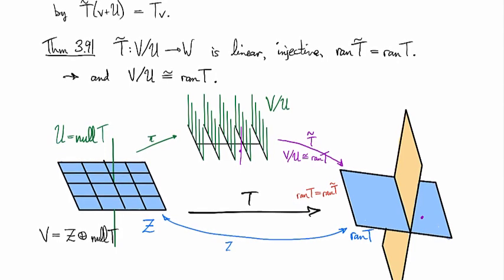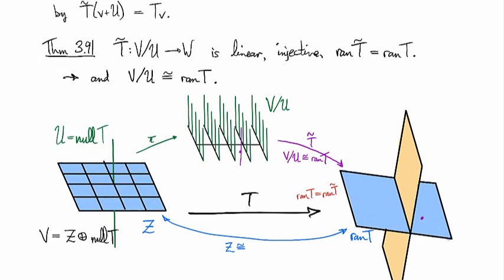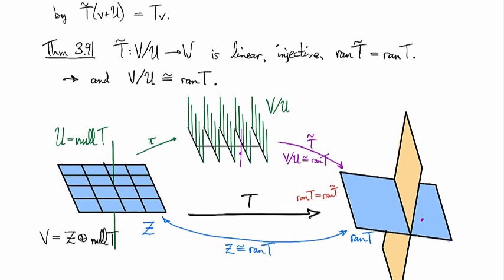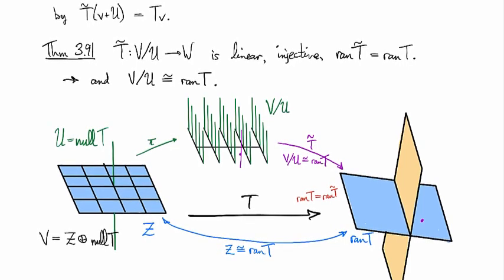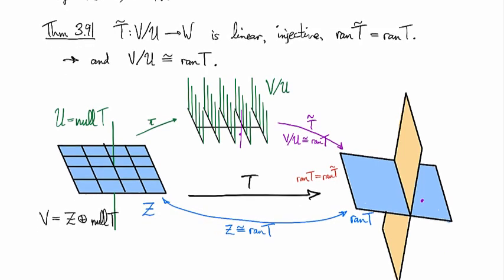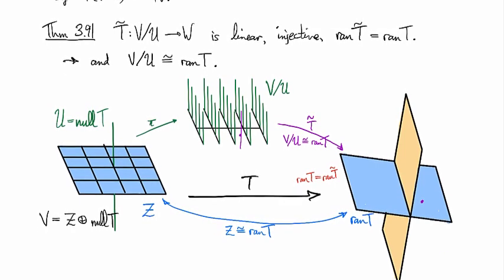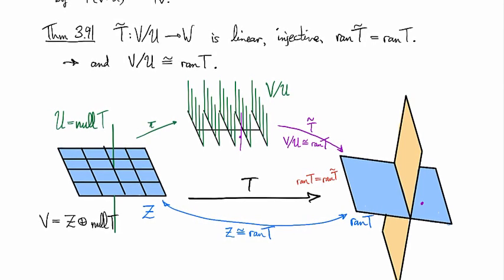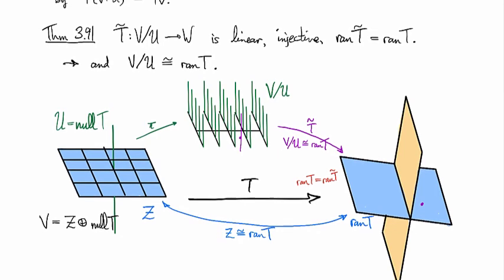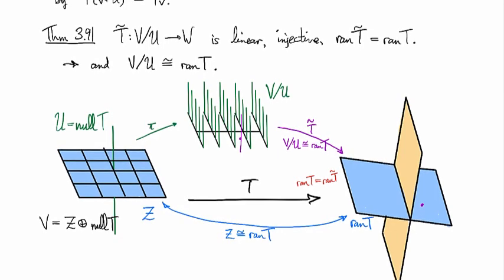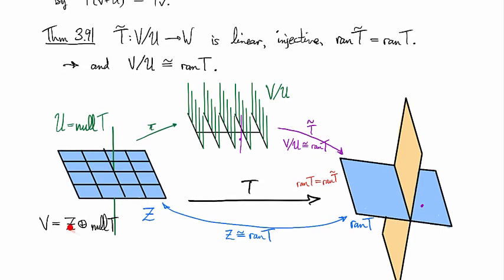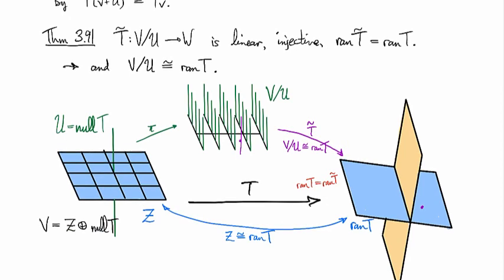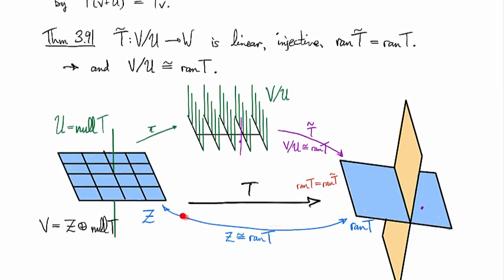And this is the isomorphism between Z and the range of T. What this tells you is if you take your linear map T and just look at the restriction of it to the XY plane, the complement in the direct sum, then it sets up an isomorphism between these guys.